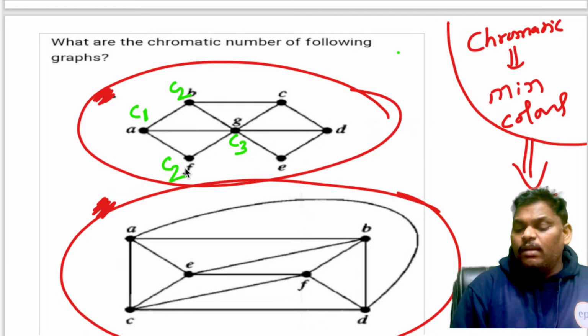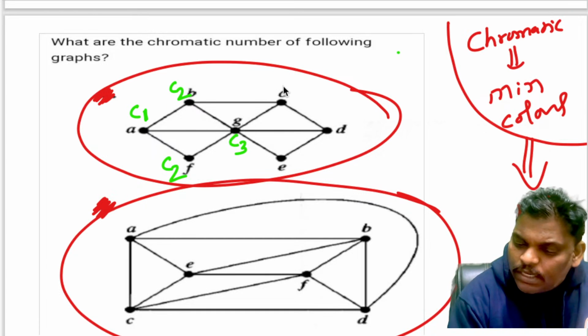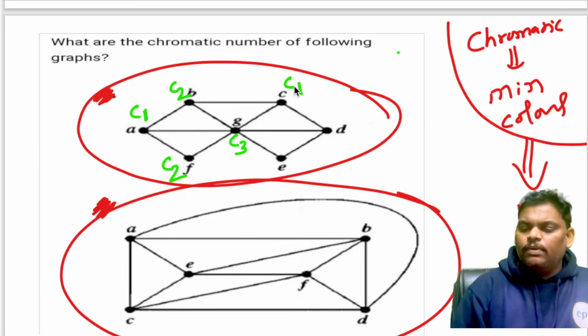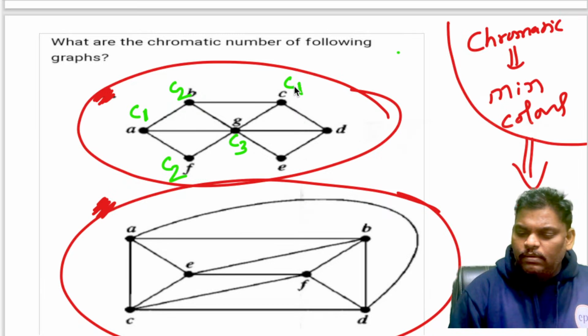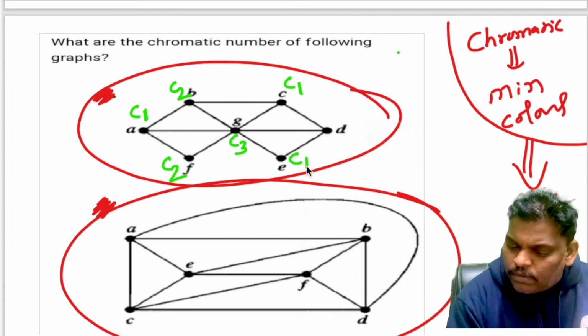Remember, a triangle will take three colors. There is no algorithm, manual checking only you can do. This one is C1, C2, C3. It is also C1.